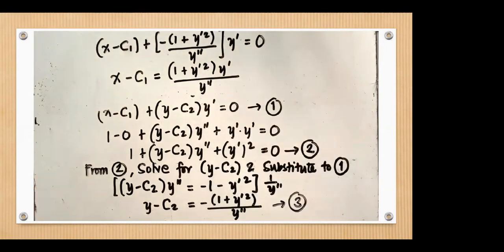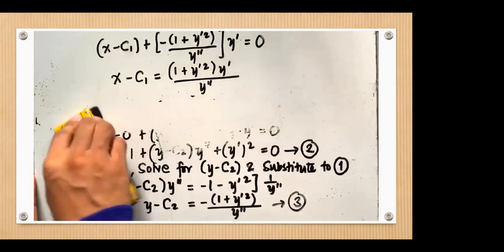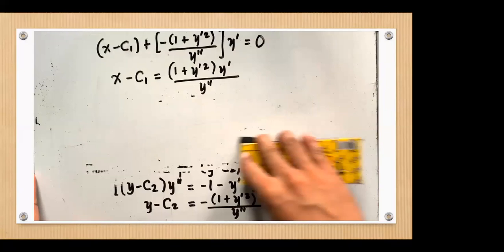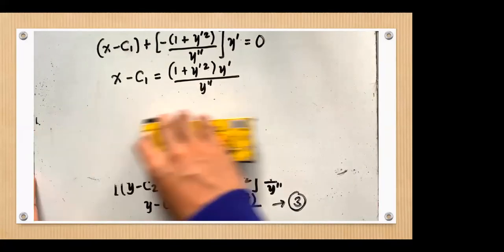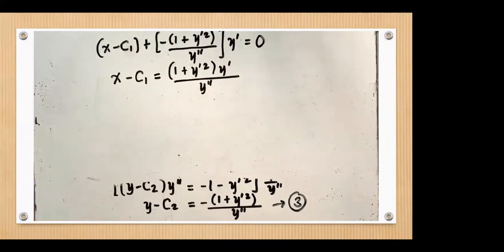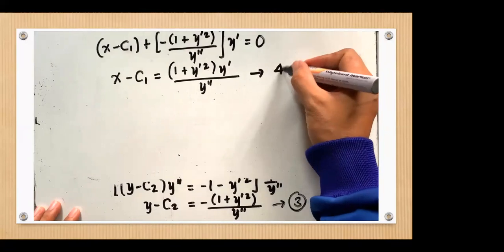Okay, so now I have the value for x minus c sub 1. Okay, so let me label this as my equation number 4.